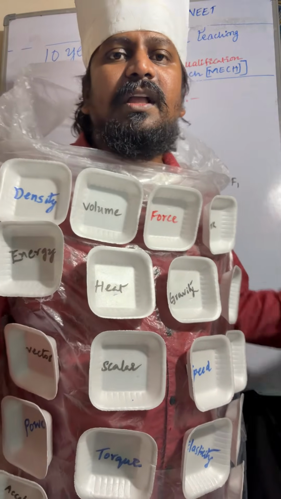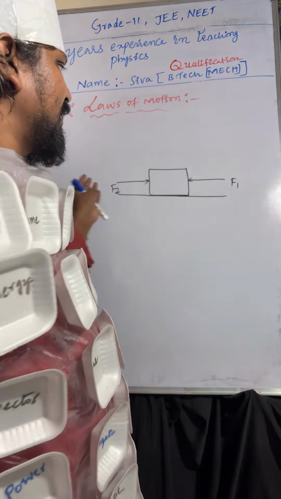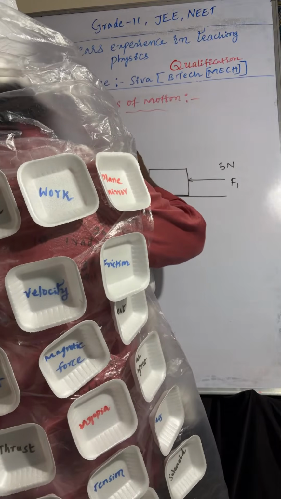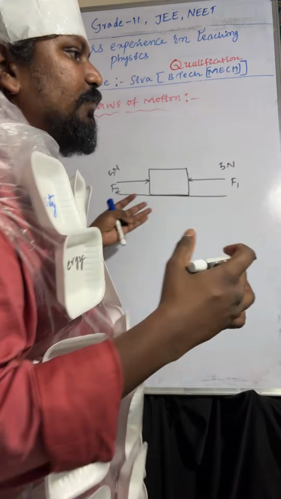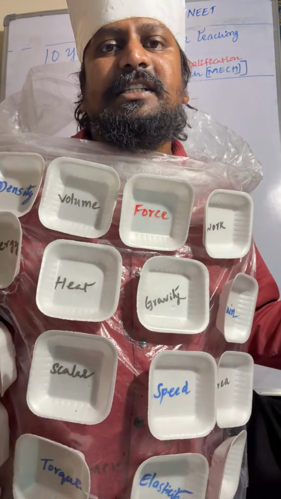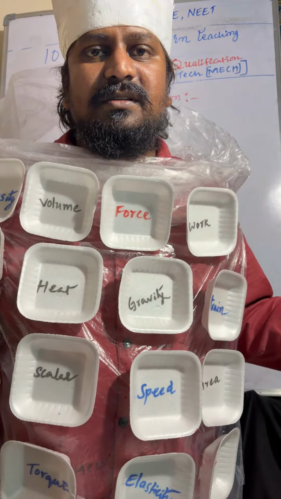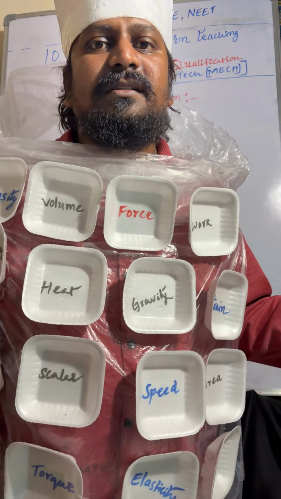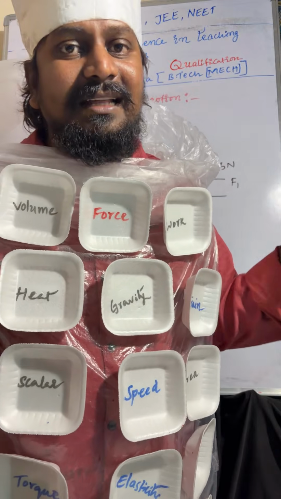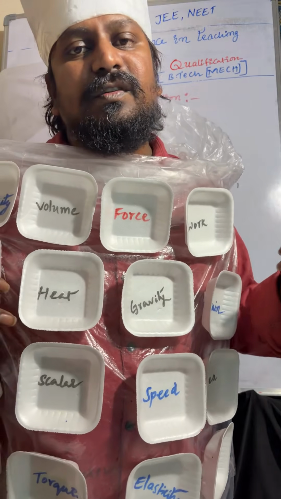Suppose you are taking 5 Newton here and 5 Newton here. Then what happens? Both forces are equal in magnitude but act in opposite directions, so both are balanced forces. They balance each other, then the body does not move. And second thing, unbalanced force.